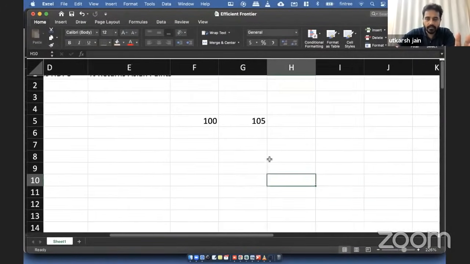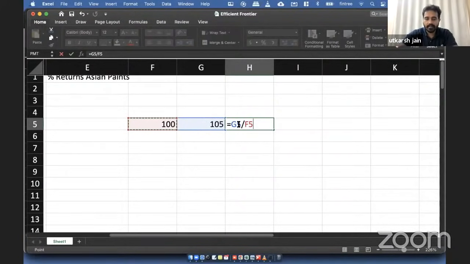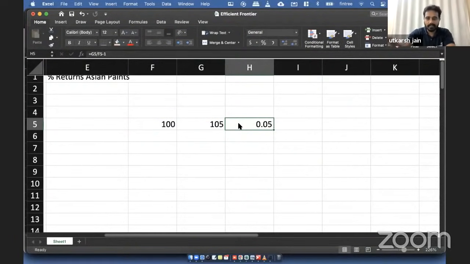I can simply say the closing value of the asset divided by the opening value of the asset minus 1. I know at the risk of stating the obvious, but just for those people who are probably doing it for the first time, when I do closing value divided by opening value minus 1, I would get that 5%. 0.05 is nothing but 5% here.